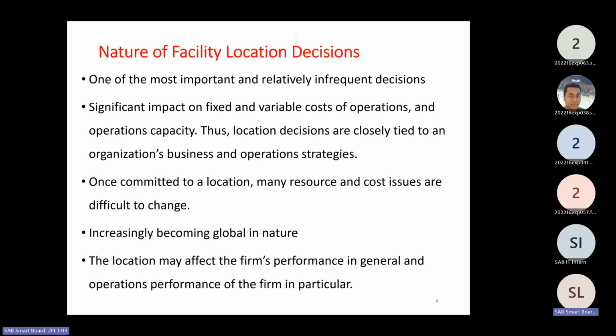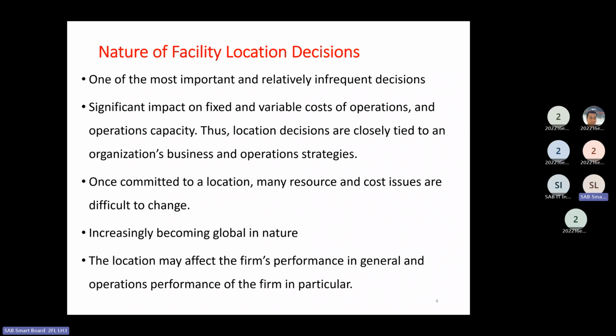And therefore, location decisions will significantly affect the cost. Not only variable cost, even the fixed cost. So both the fixed and the variable cost of a facility will be dependent on the location.